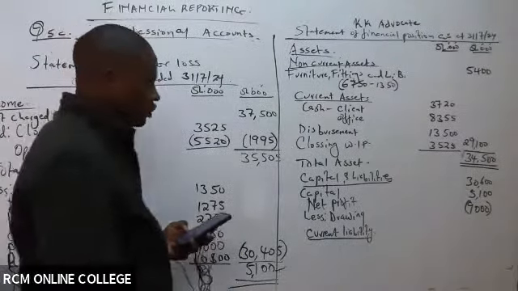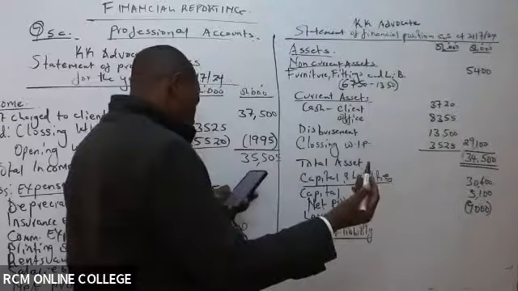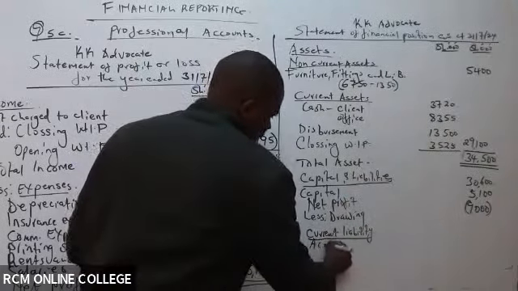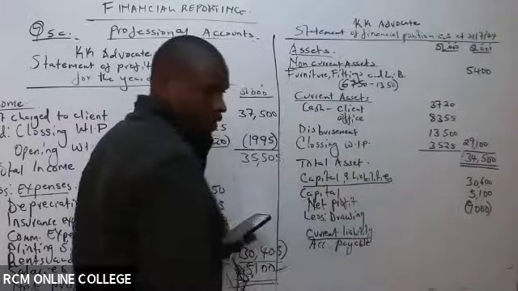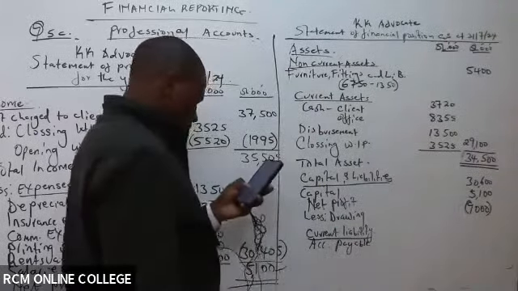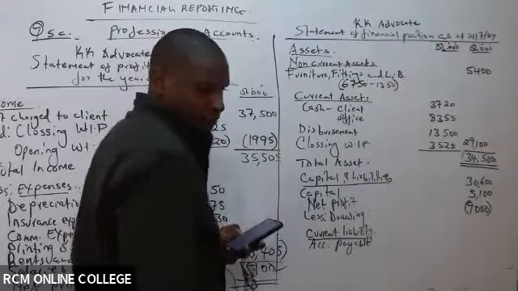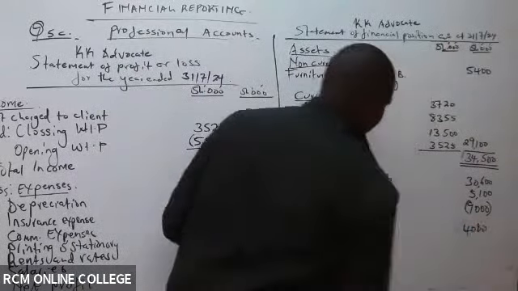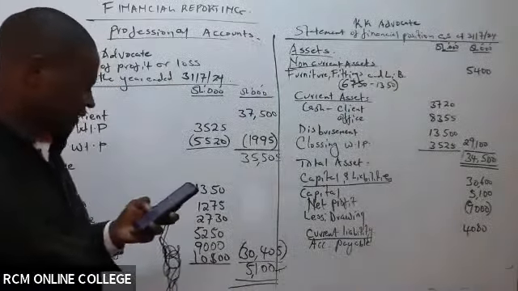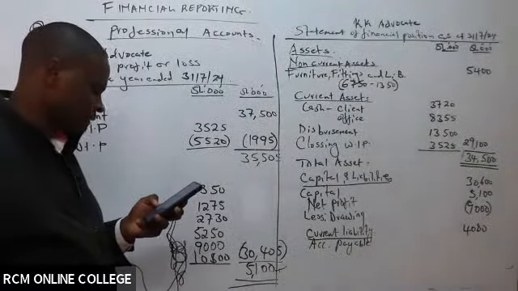We have payable, trade payable. Do we have trade payable? I saw something, account payable. Account payable ni ngapi? Yes, we have it. 4,080. Then we have another item, query.